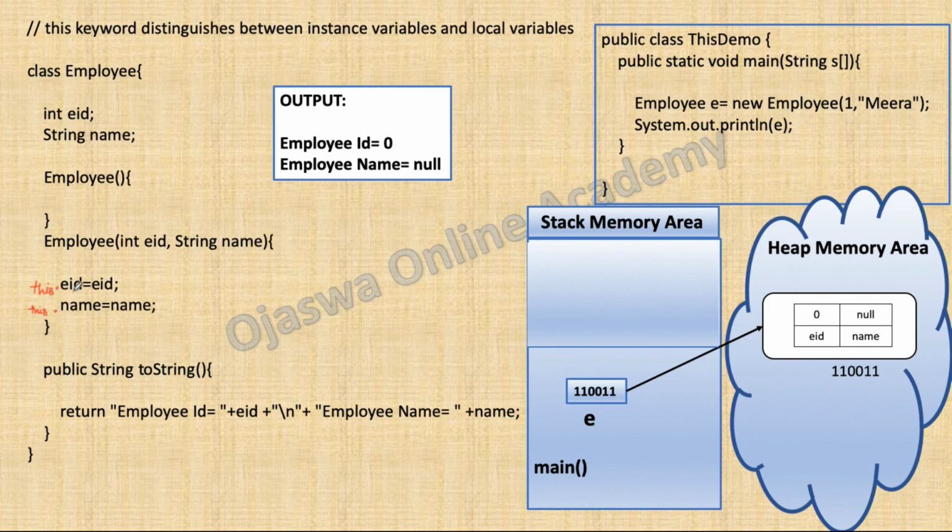You need to include this dot in your code, and now the interpreter will understand that the EID which is invoked on the current object this is an instance variable EID, and EID which is not invoked with the current object this is the local variable EID. The variable name which is invoked on the current object this is the instance variable, and variable name to the right is the local variable.